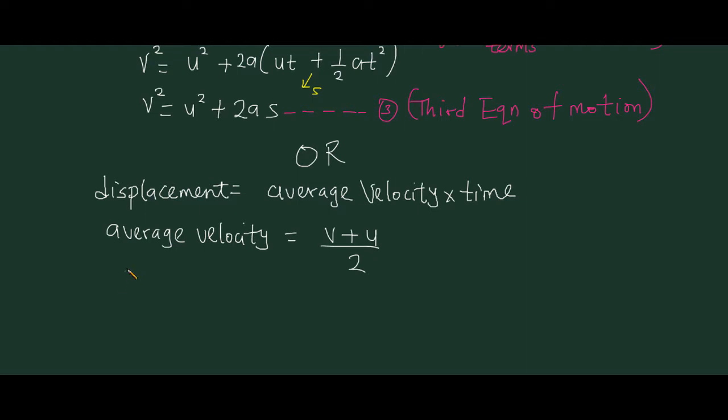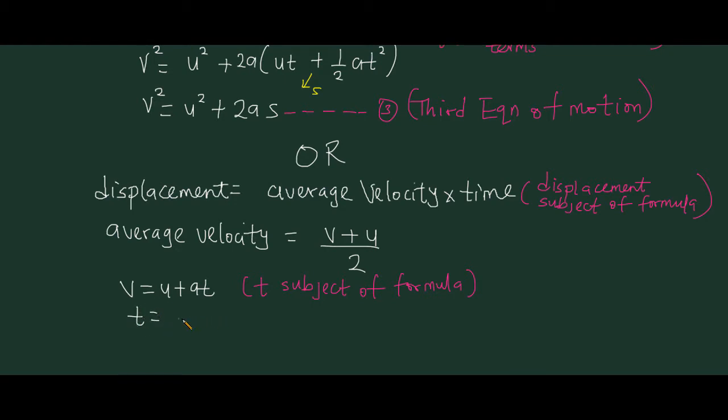And from the first equation of motion, which is v equals u plus at, if we make time t the subject of the formula, then we have t equals v minus u, all over a.